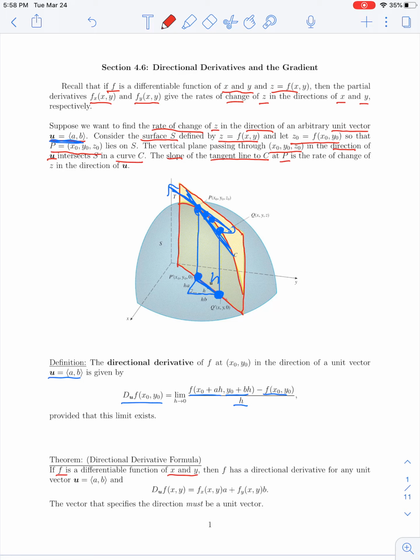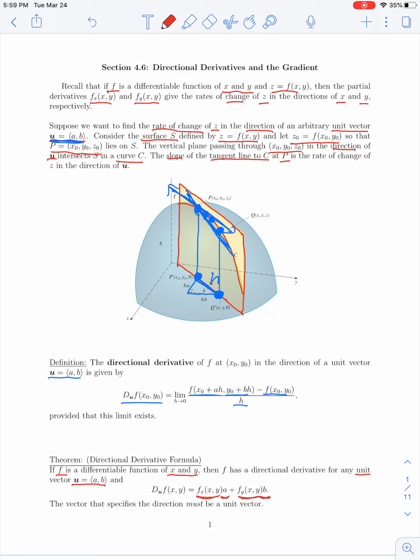If we have a differentiable function f of 2 variables x and y, then the directional derivative of our function in the direction of the unit vector u, whose components are a and b, is given by the partial derivative of f with respect to x times a, the first component of my unit vector u, plus the partial derivative of f with respect to y times the second component of our unit vector, which is b.